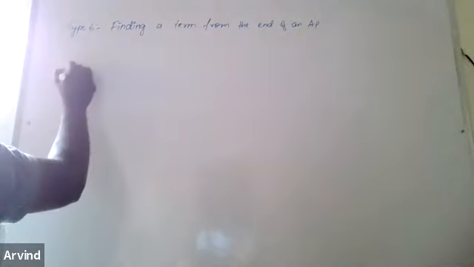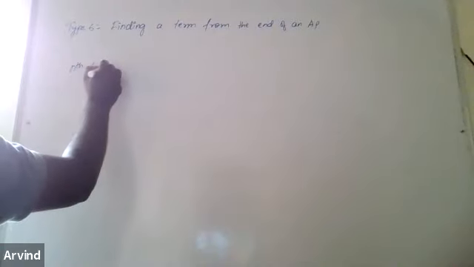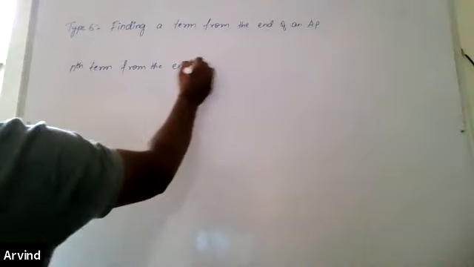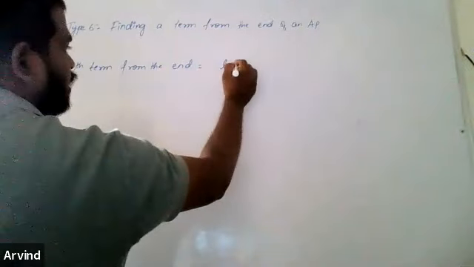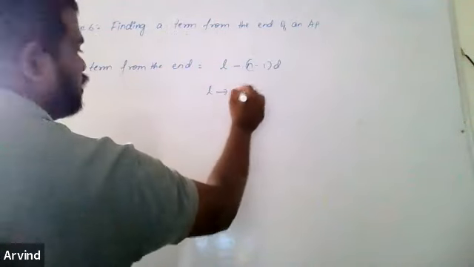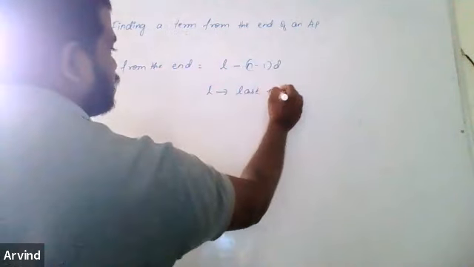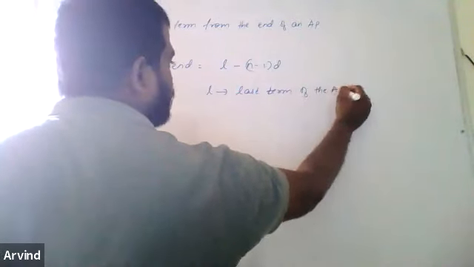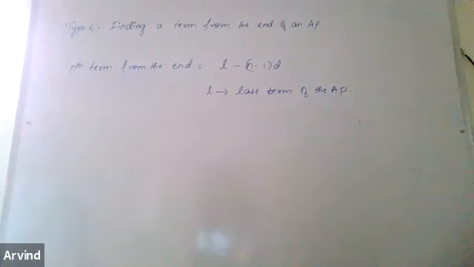Nth term from the end. You can take it as a note. Nth term from the end is given by L minus n minus 1 into d, where L is the last term of the AP. Now take down the question.